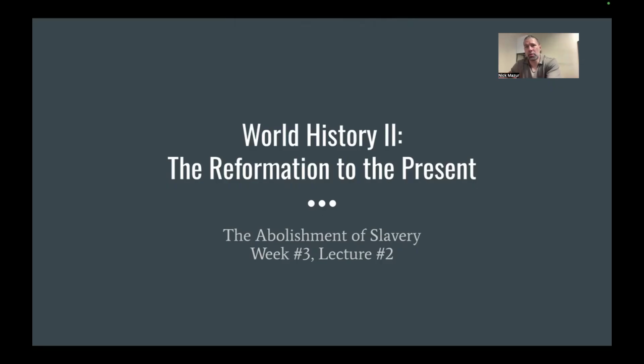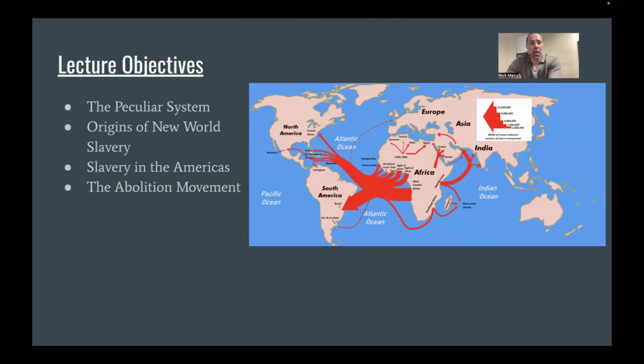Okay. We're going to talk about some of those varying degrees of types of slavery, but we will be focusing on the ones that are certainly the most impactful in terms of the development of modern economies here in the Western Hemisphere. Okay, so let's go ahead and get started.